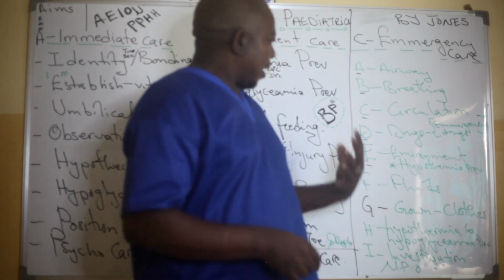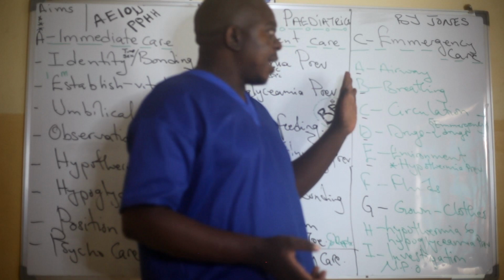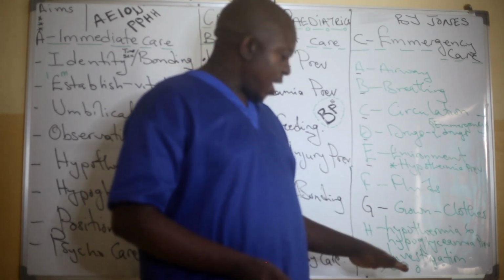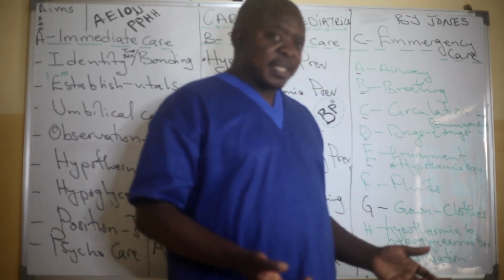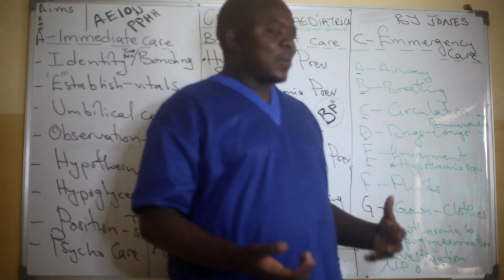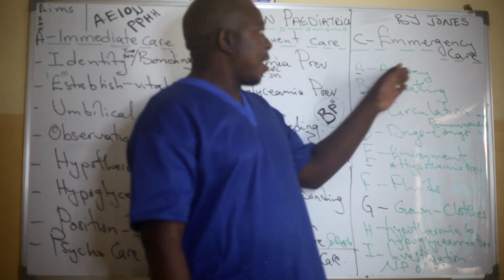Okay, what are the elements that we are looking at in emergency care? So here it's more like A, B, C, D, E, F, G, H, I. Then I've put N, P, O as part of the elements here that we have to look at. A is for airway.